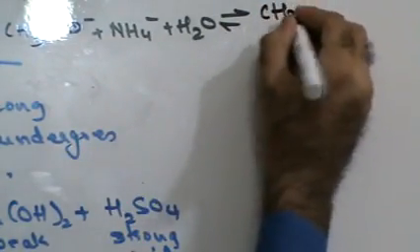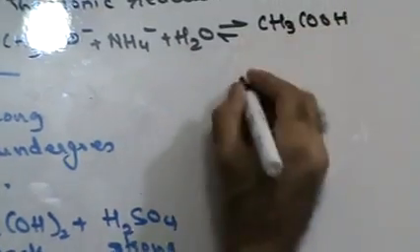Weak acid will not dissociate, so your acetic acid will not dissociate, plus weak base, ammonium hydroxide, will also not dissociate. Right? So my net reaction will have both cations and anions of salt reacting with water, and that's how the salt has been hydrolyzed. Here the anions are getting hydrolyzed, similarly the cations are also getting hydrolyzed, right?